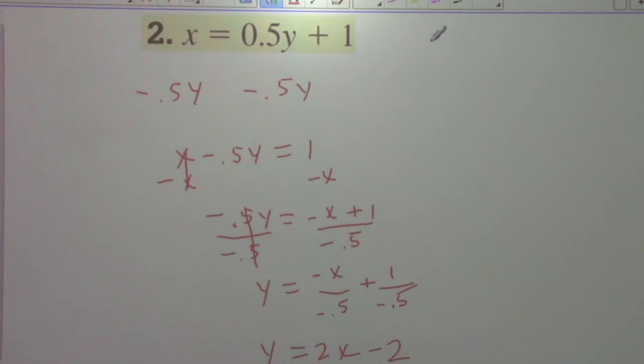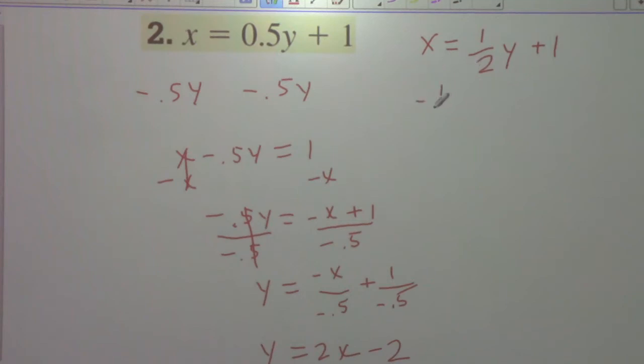What if instead we wrote this as x equals, this 0.5 is what in fractional form? 1/2 y plus 1. Okay? And otherwise, we did the same thing.